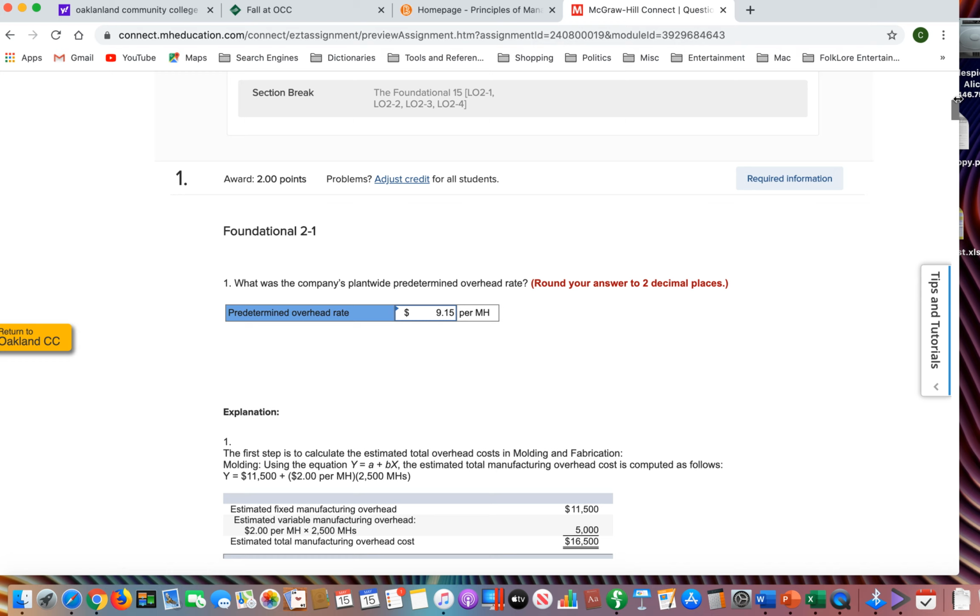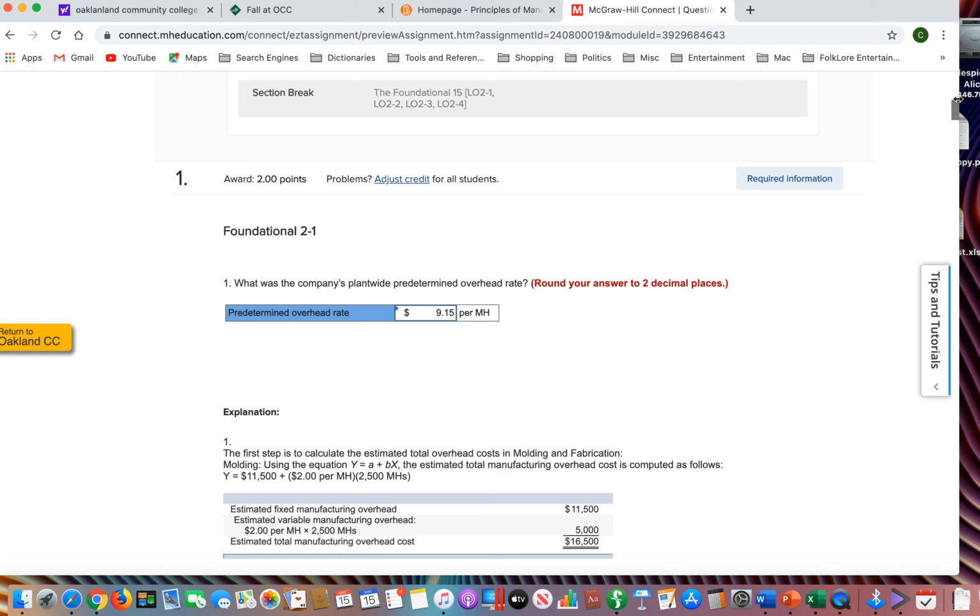How do we get that? Again, $11,500 plus 2 times $2,500, which is $5,000. So the total overhead for molding is $16,500. And therefore the predetermined overhead rate would be $16,500 divided by the machine hours of 2,500. And that will give you $6.60. So let's go down to number 9.